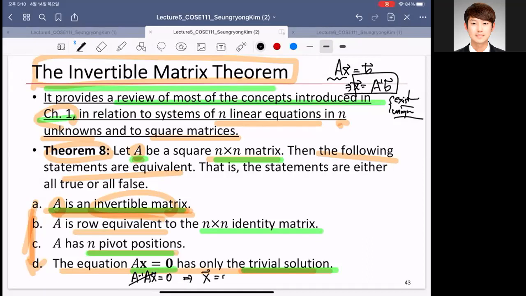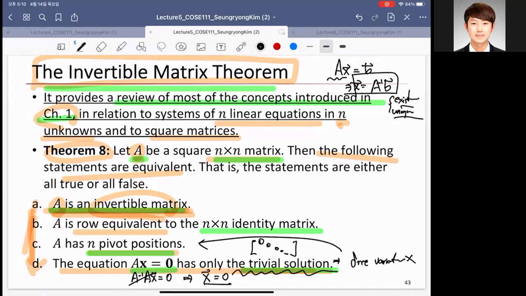So x is equal to the 0 vector, so we only have the trivial solution, right? And if we only have the trivial solution, we don't have any free variable. Then we have a pivot position, right? Please remember this shape.